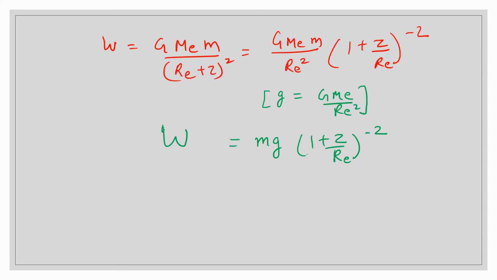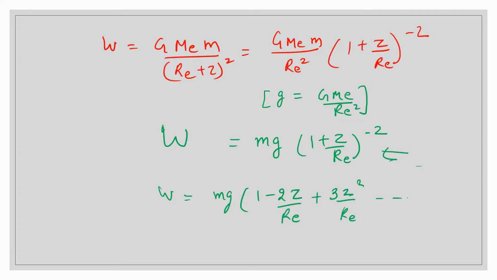Right, now I need to use the binomial expansion to approximate this formula. As you already know what the binomial expansion is, if I use the expansion, this will be 1 minus 2z by R_E, and so on. R_E means the radius of the earth.